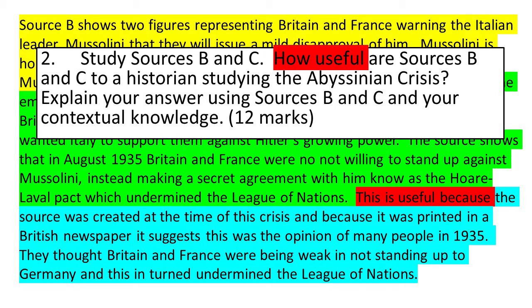So in your answer, when you start this final part of the answer, you need to make sure you say, this is useful because. That will make sure that you're thinking about how useful the source is, but it also signposts the examiner, the person marking your exam, to that part of your answer, and makes sure they realise you understand how useful the source is.